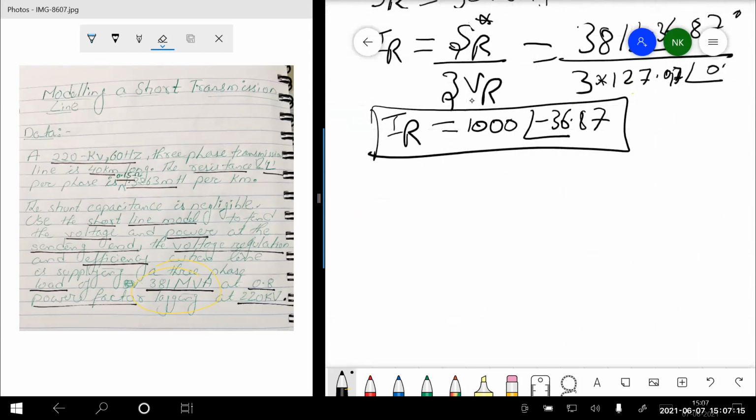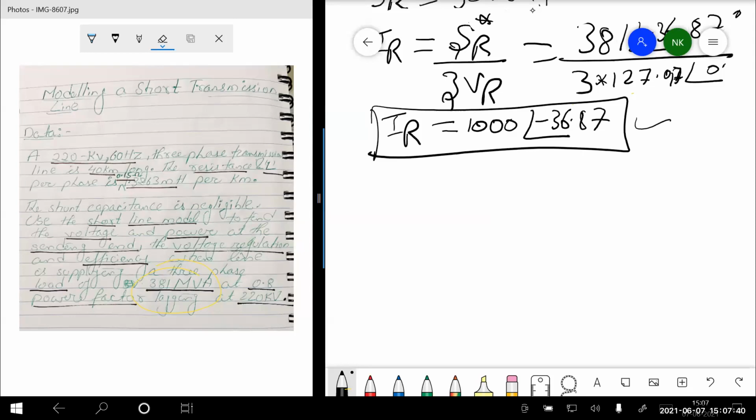Now what we have got are P, Q, I and VR values. We have to verify whether these data are the same as what we used while designing and solving.